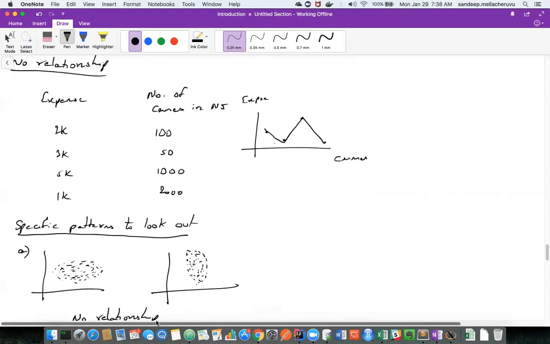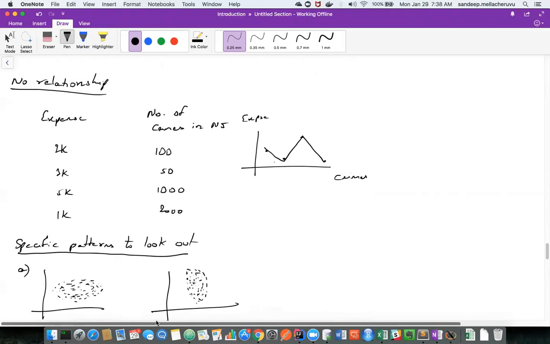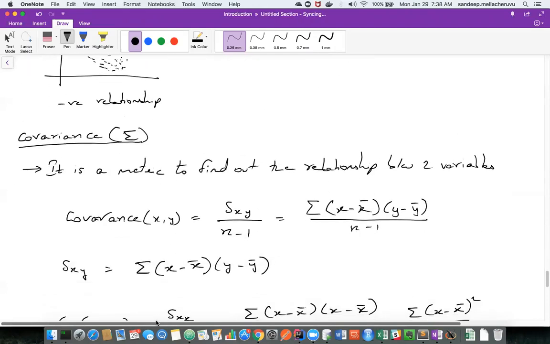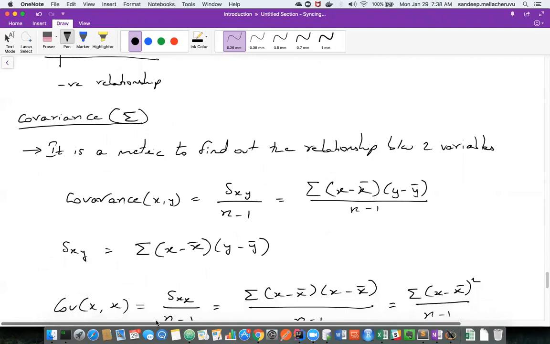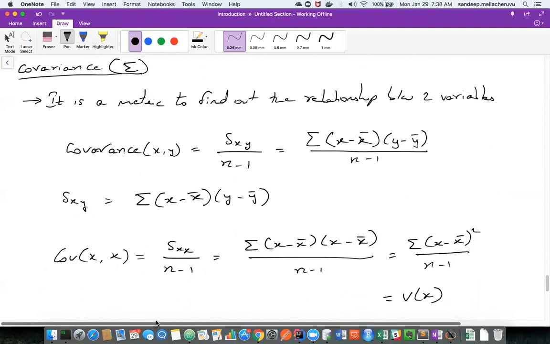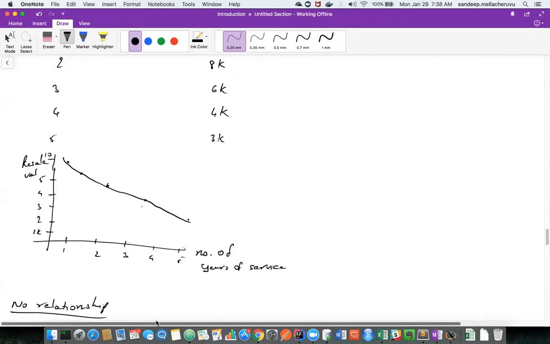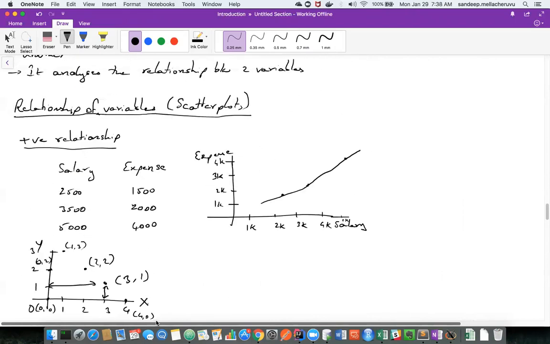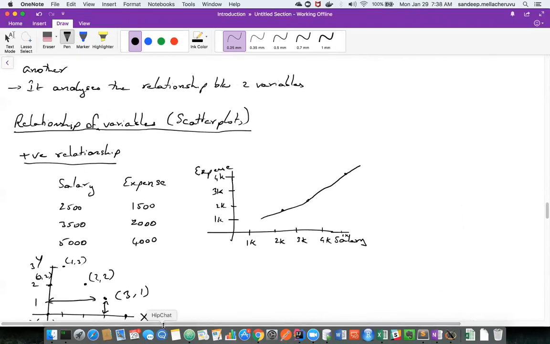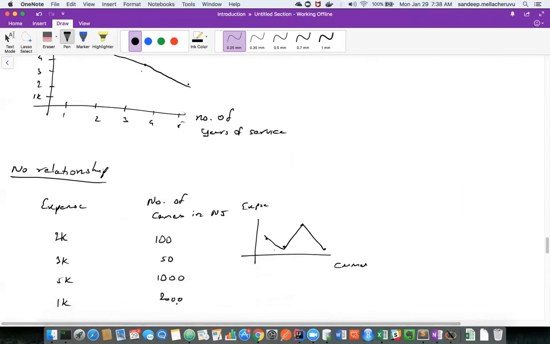There is no way that I can give a single value for how much is the relationship. Then we tried to find out covariance. Again, we got the same problem. Actually, there is no difference between what your scatter plot is giving versus what your covariance is giving.